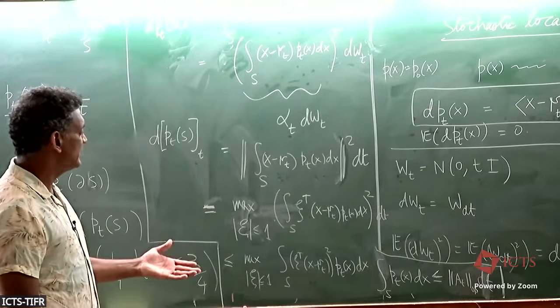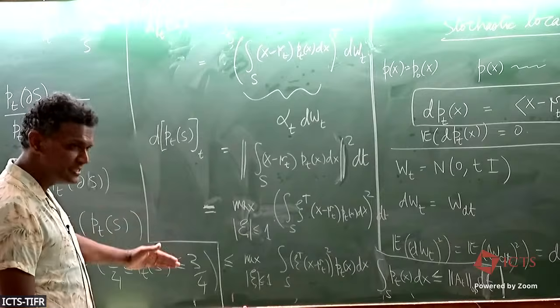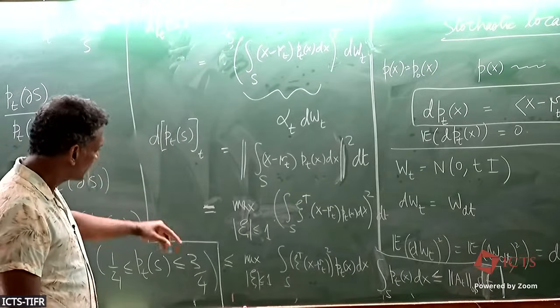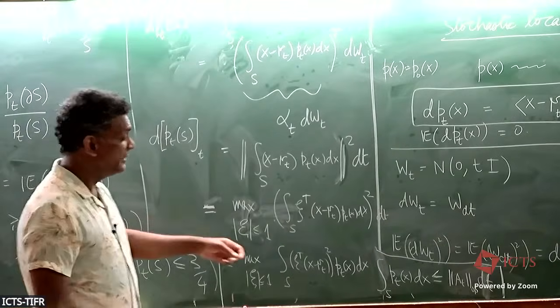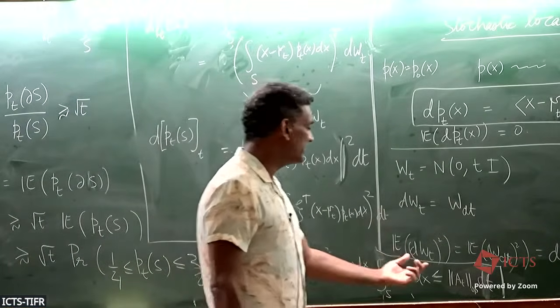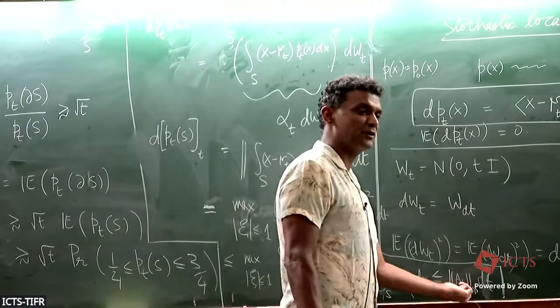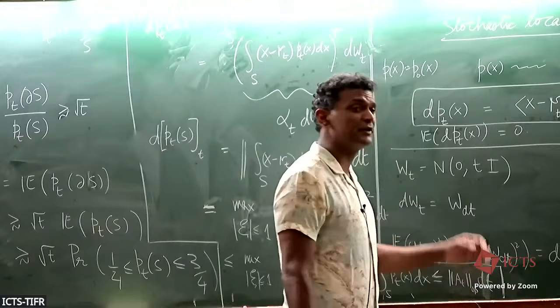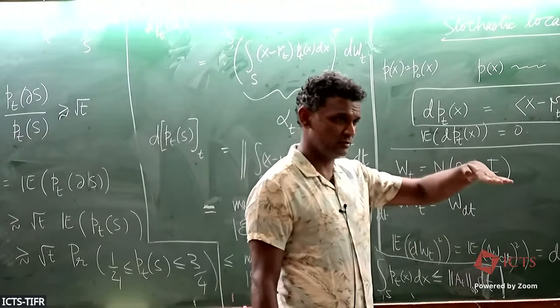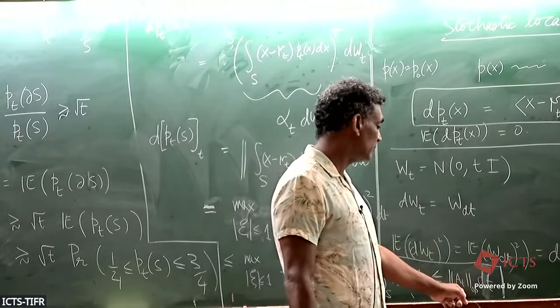But what does this mean? This means that the change over time t, if I go for time t and look at the difference between P_t(S) minus P_0(S), it's like a Gaussian with variance the integral of this operator norm from 0 to t. So in particular, if this operator norm is bounded throughout, then it's just that bound times t.